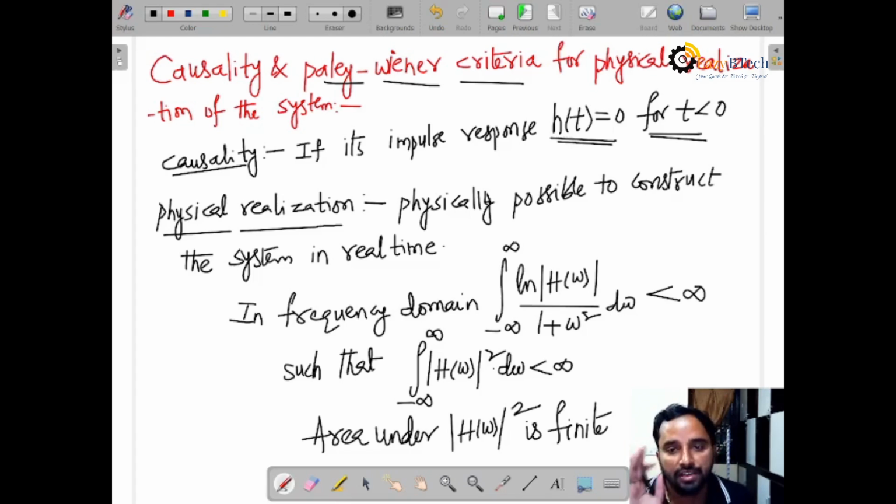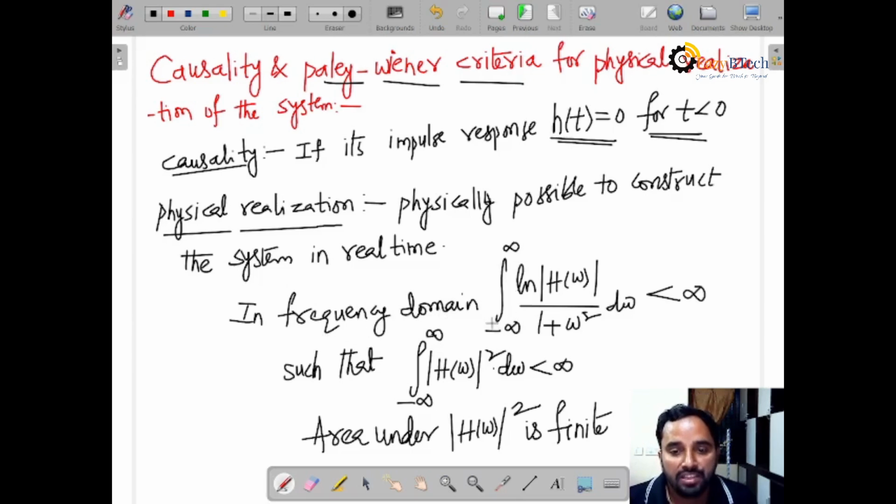If input is connected, output starts coming. If input is not connected to the system, output is also not there. Such a character is causality.